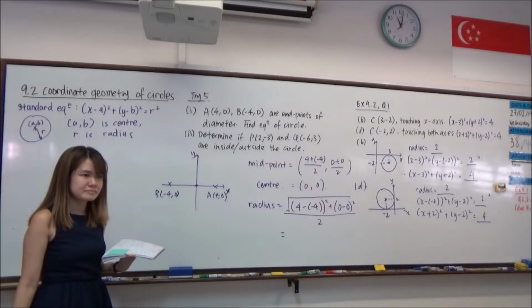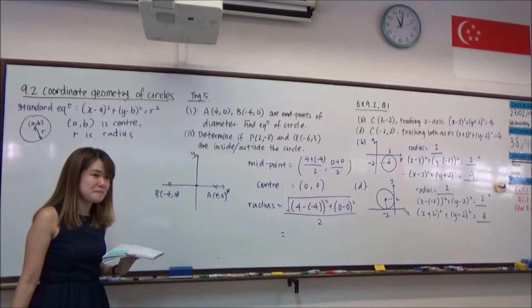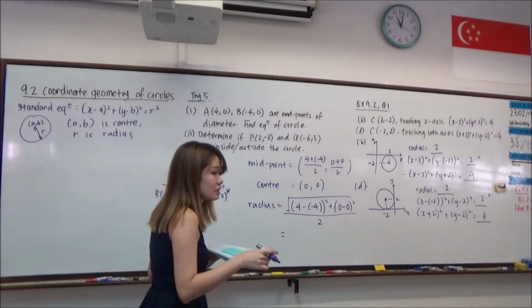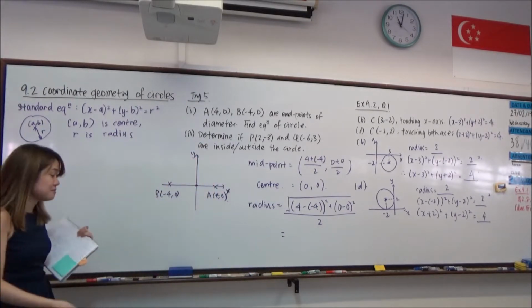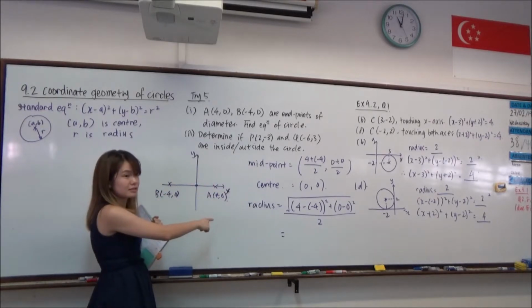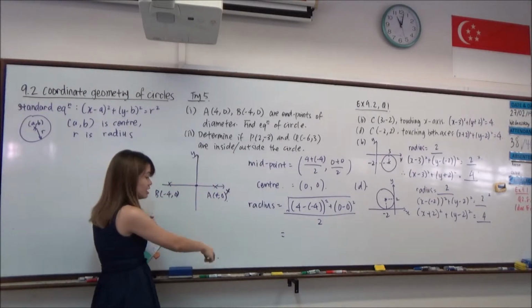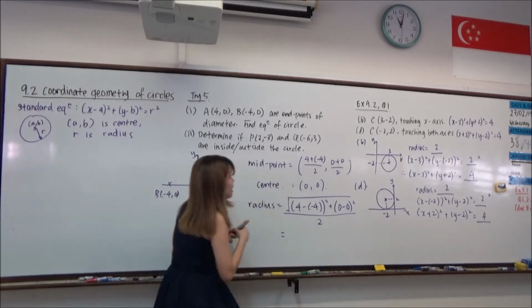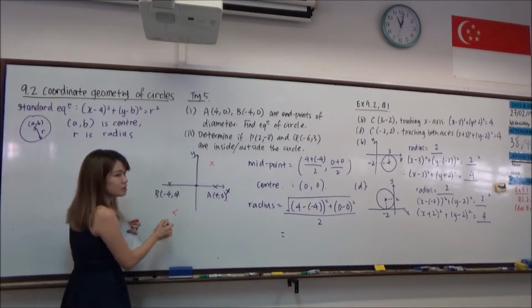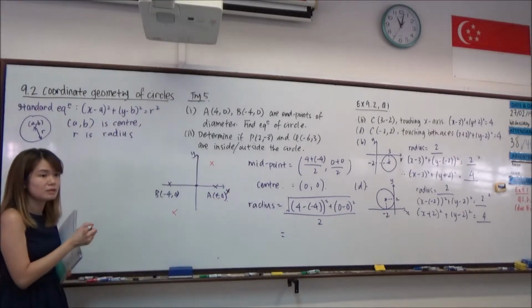Does it affect where the center will be if we have different points of the diameter? If we have maybe given these two points instead, does it affect where the midpoint or the center is?